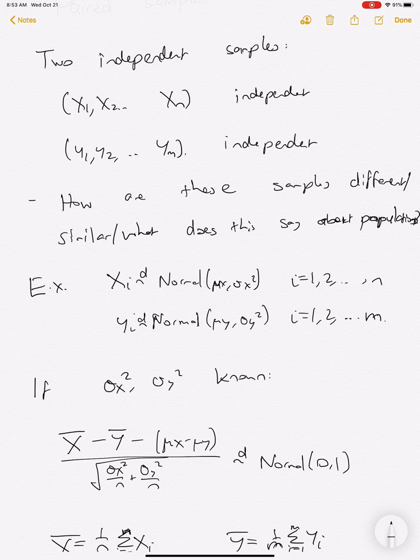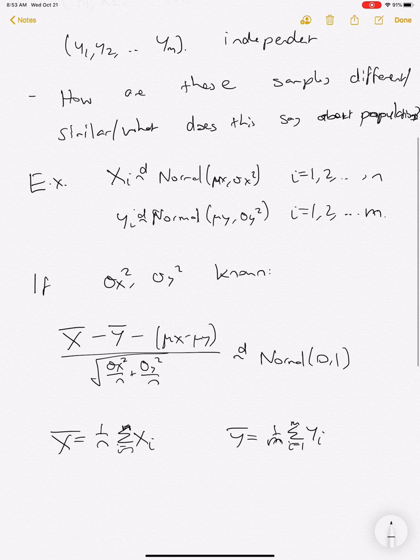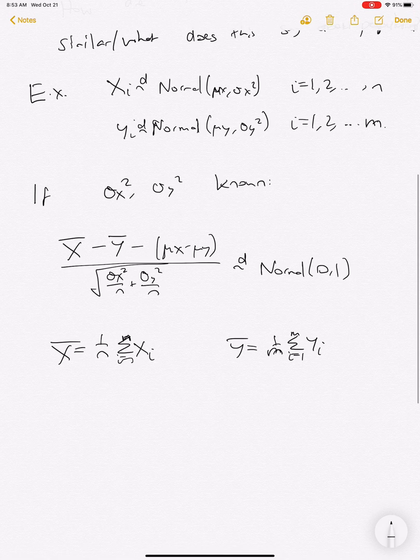We started in the previous lecture with the case where sigma x squared and sigma y squared were known. In that setup, you can derive the overall distribution.